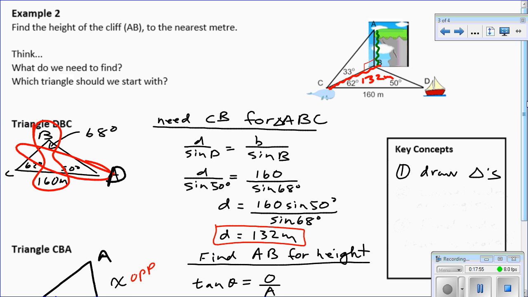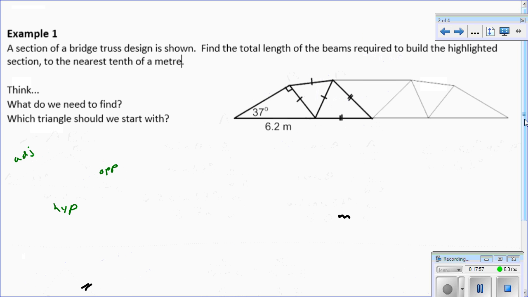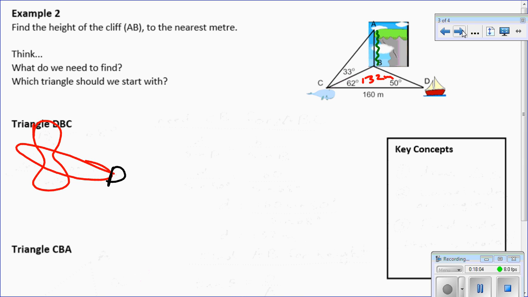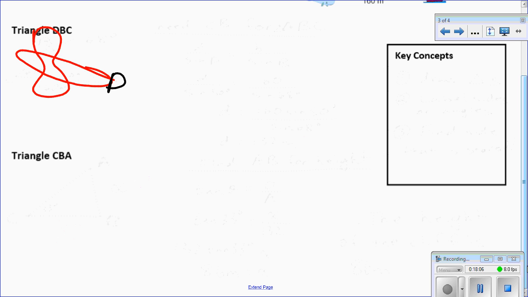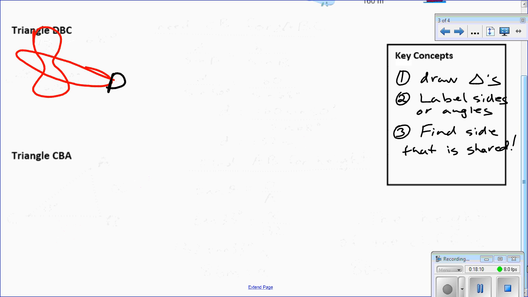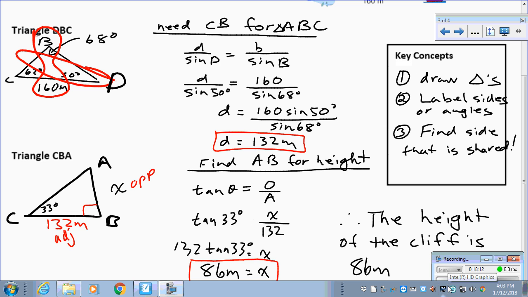You'll notice we did that here, and we also did that for this equation, A, B, C, D, and E. Now, the last stage of the work that you have to do is take a moment to label the sides or the angles of the triangle. And then you have to find the side that is most important for your triangle and then solve for the rest of your solution. That is it.